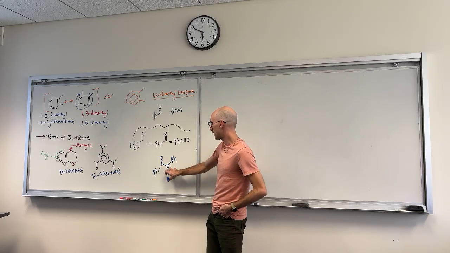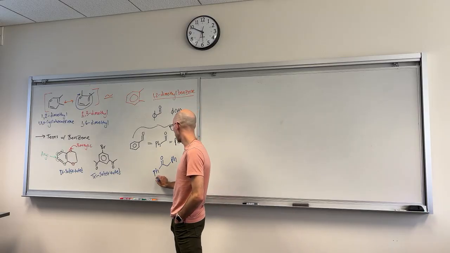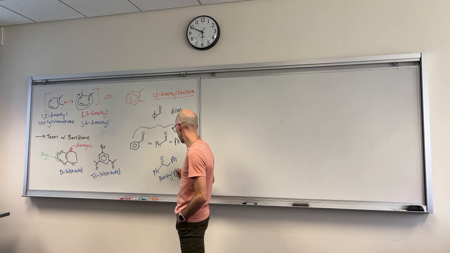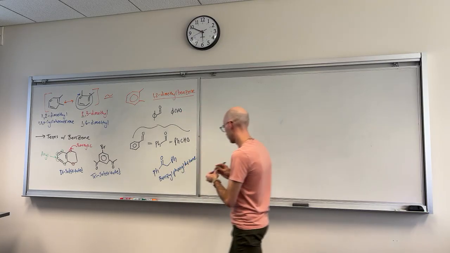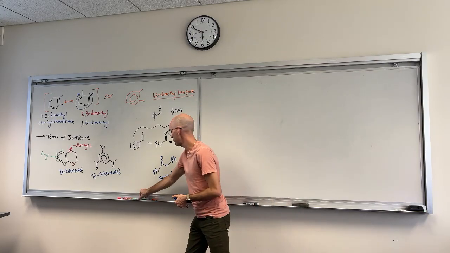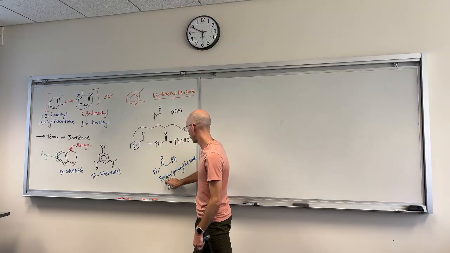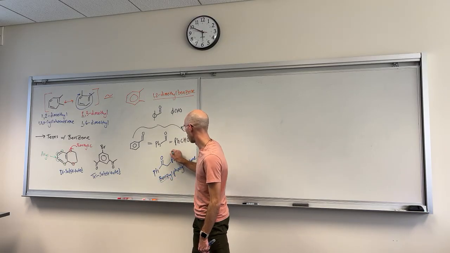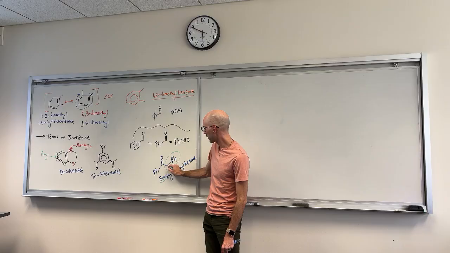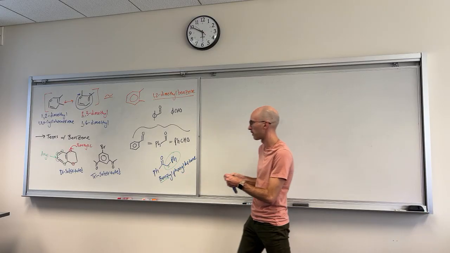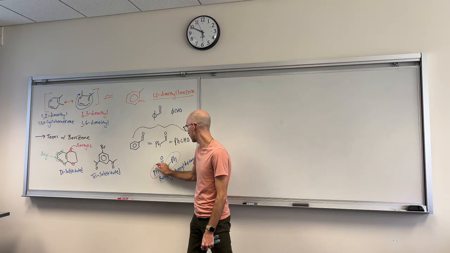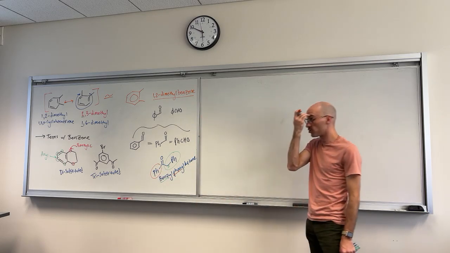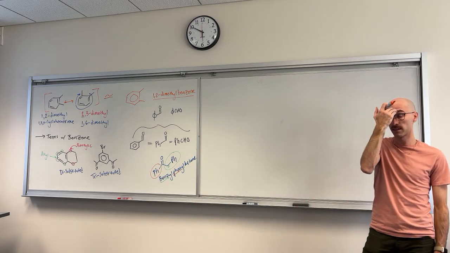So this ketone is called benzyl phenyl ketone. This part on the right is benzyl because it includes the benzylic carbon. And this part on the left is phenyl because it's just the aromatic ring.